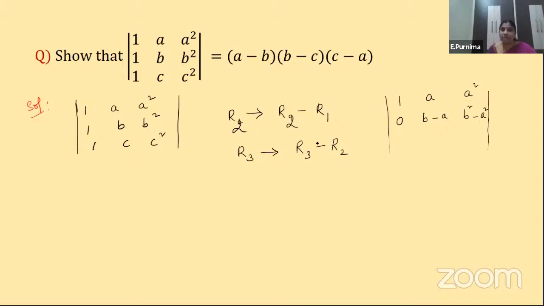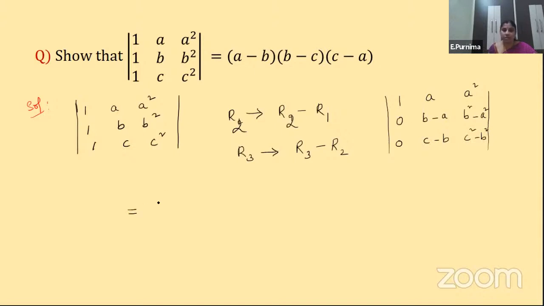Next, let us make a change in R3 also. R3 minus R2 we are doing. So 1 minus 1 is 0. c minus b. c square minus the corresponding element in R2, which is b square, so c square minus b square. Understood, children? So for this reason we are using this notation.